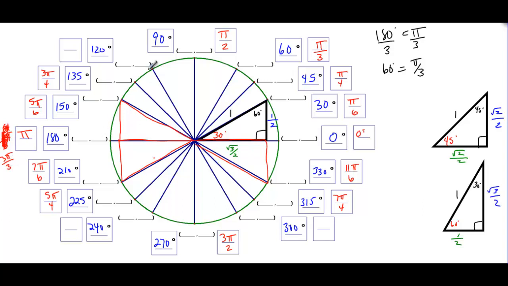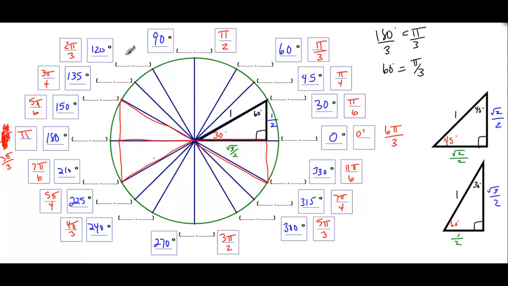Remember, the points further away from my x-axis are pi over 3 rotations. This is 3 over 3 and I go back 1, now I'm at 2 pi over 3. And if I go forward 1, I'm at 4 pi over 3. One full circle, if I'm in thirds, is 6 pi over 3 because that's 2 pi. But again, if I went back 1, I'm at 5 pi over 3.